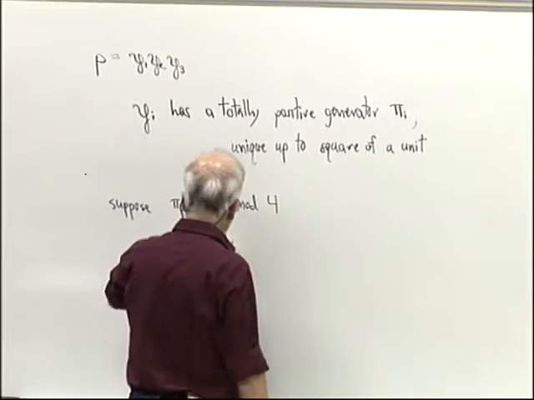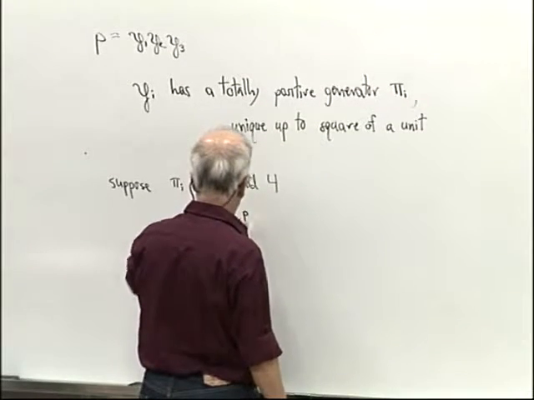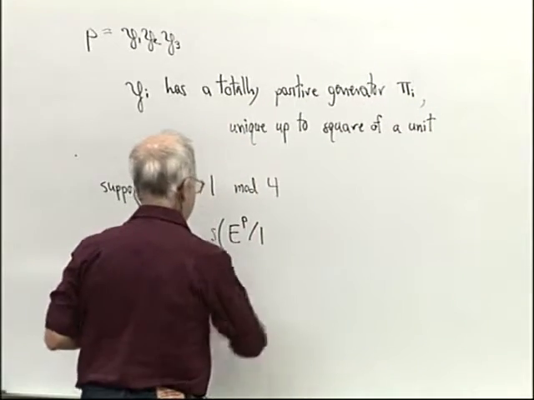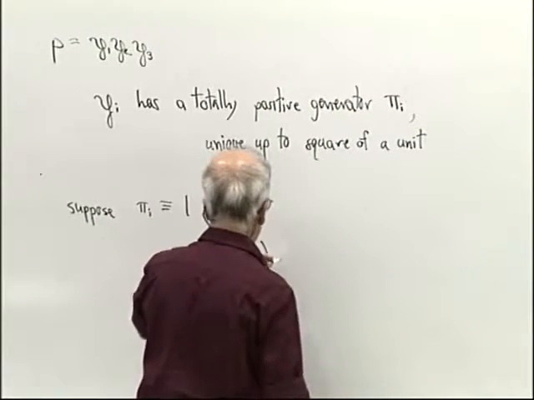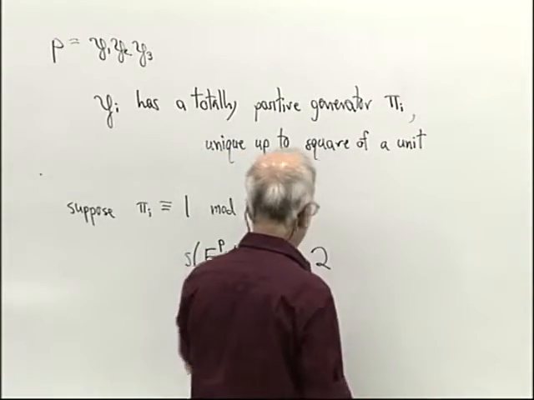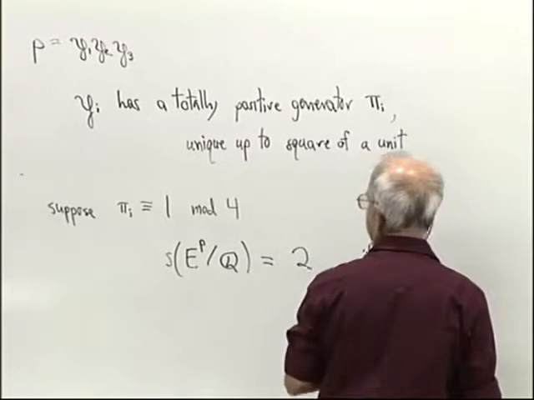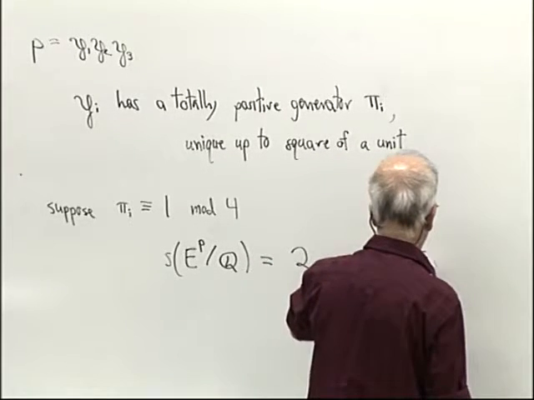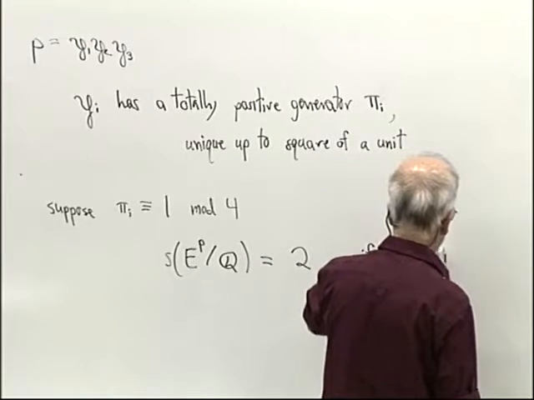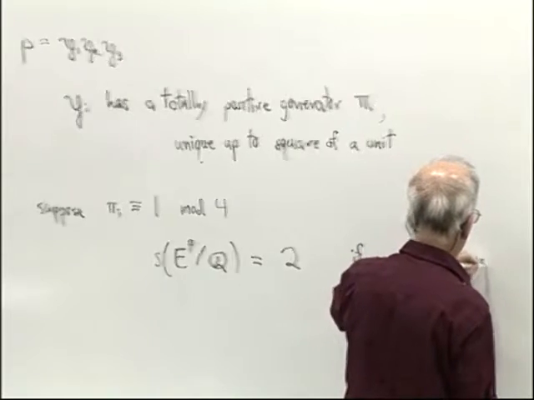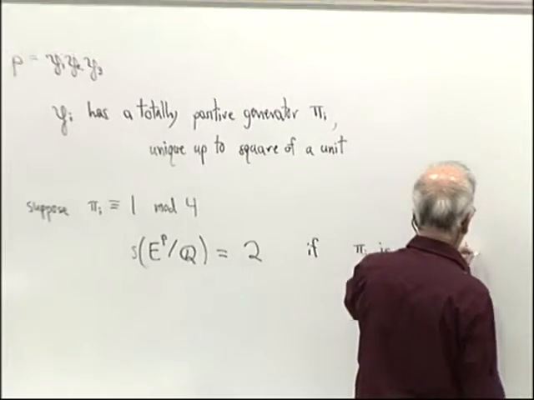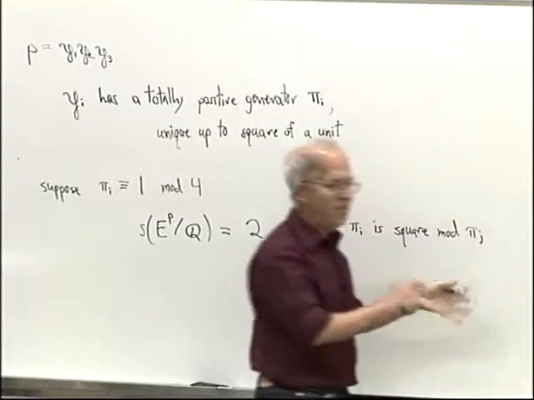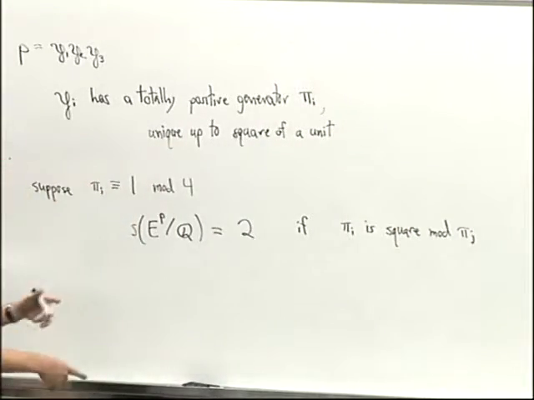Then the Selmer rank of E twisted by P over Q is 2 if pi I is congruent to a square mod pi j, and it doesn't depend on which I and j you pick as long as they're different.